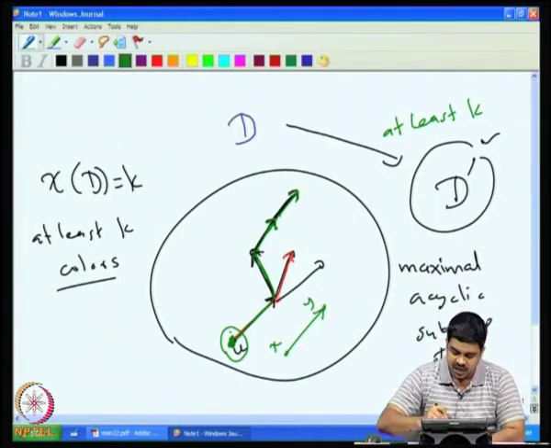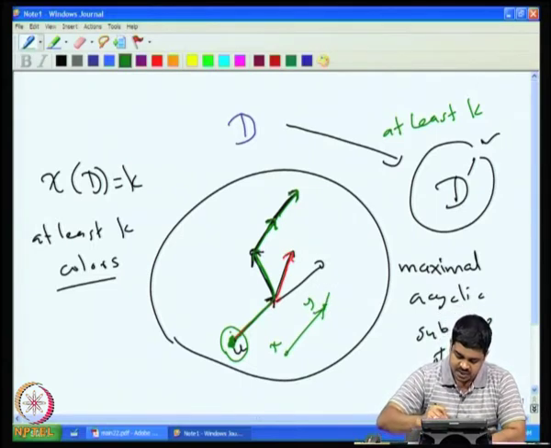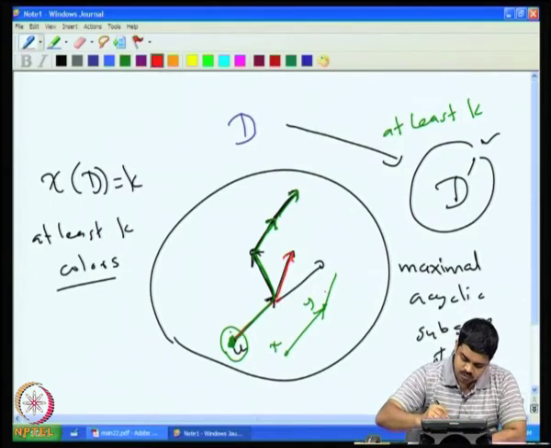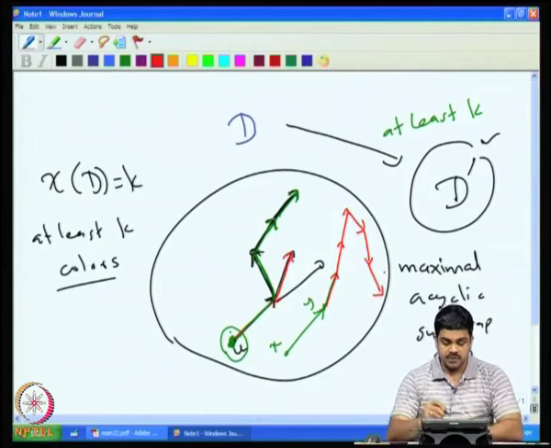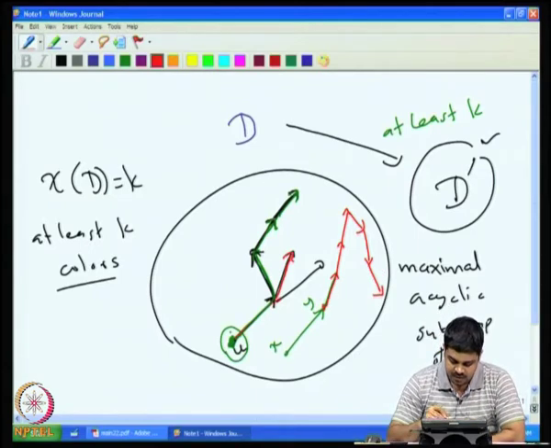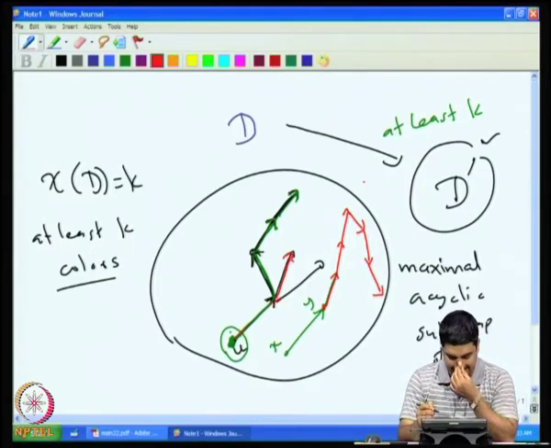Now, what is the color of y? The color of y corresponds to the longest directed path starting from y in D dash.